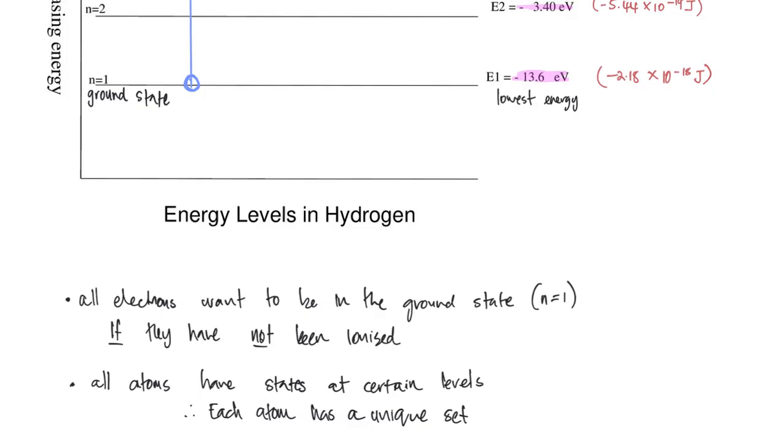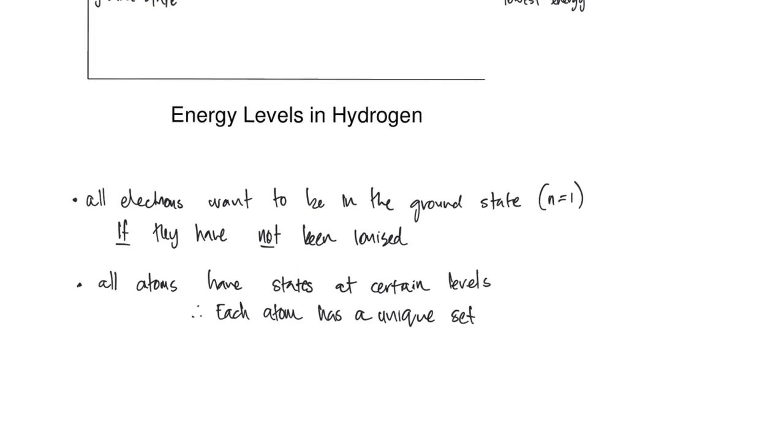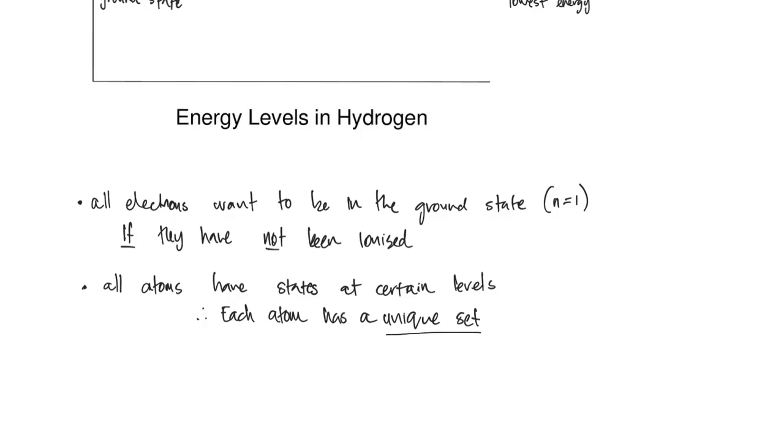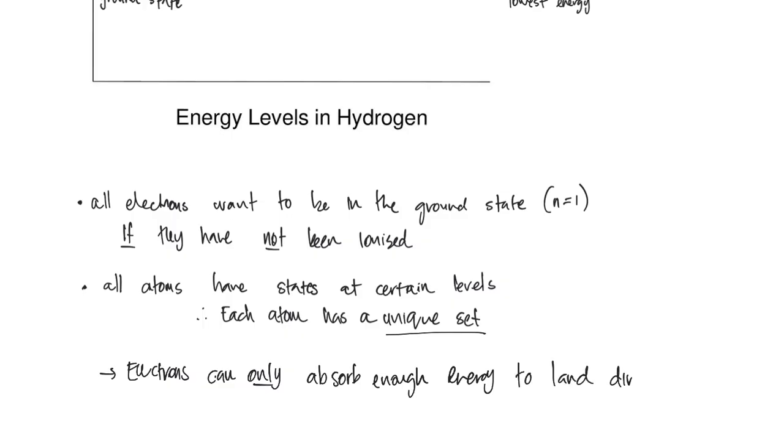What this means for us is that the idea of this unique set is that electrons can only absorb enough energy to land directly or exactly on an energy level or state, right?